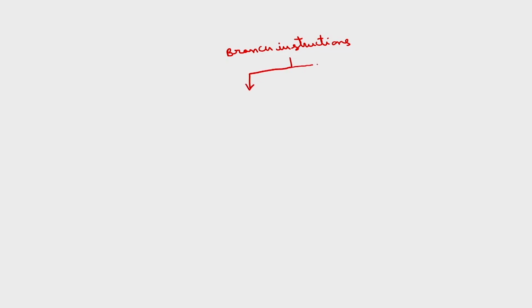One is called conditional, another is called unconditional. As the name implies, unconditional means without checking any condition. So, this will branch to a particular location.